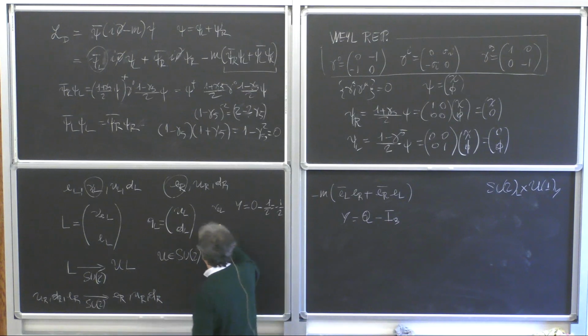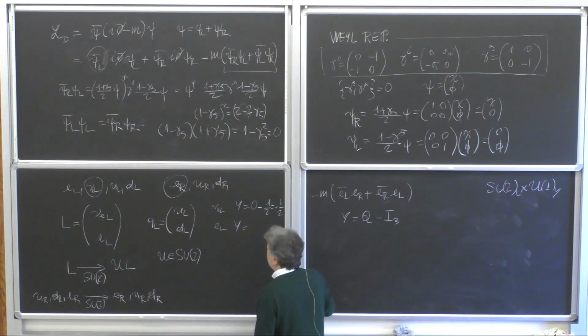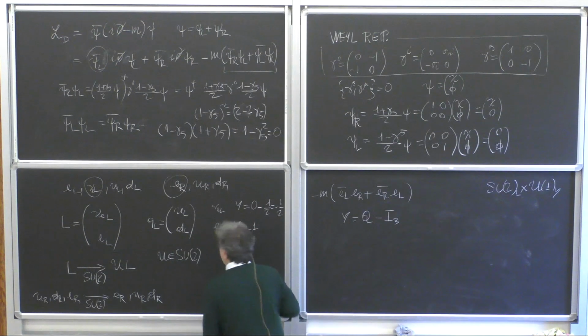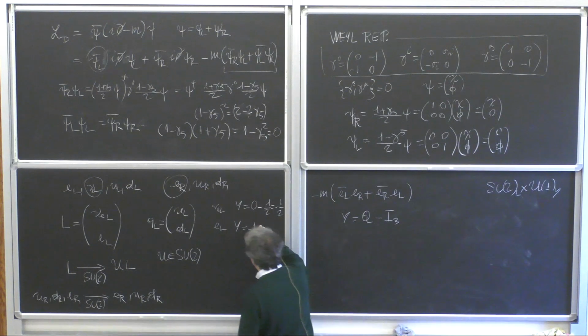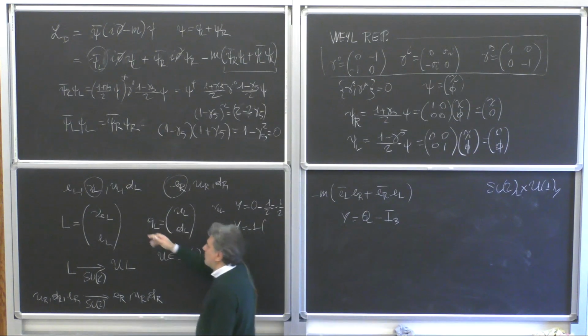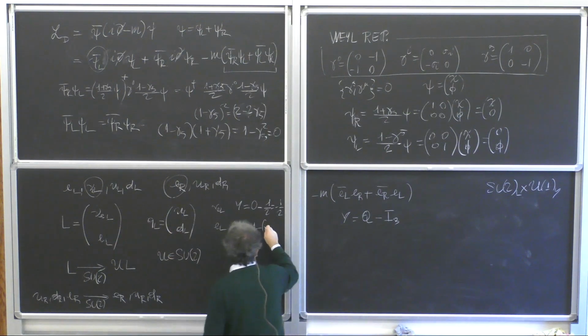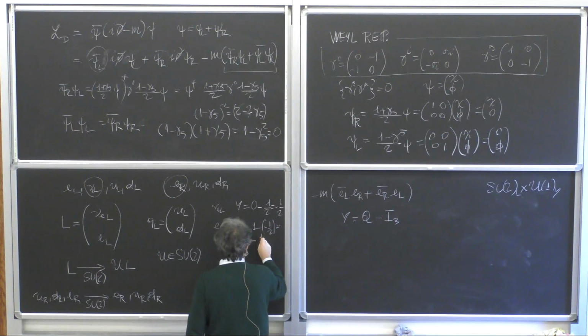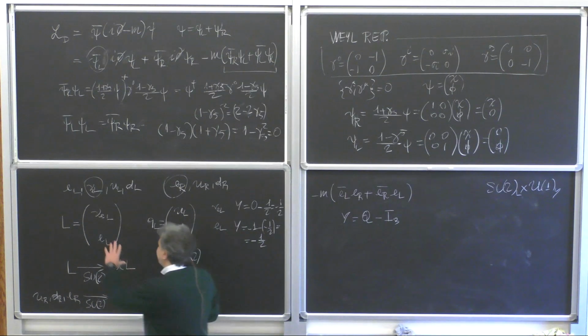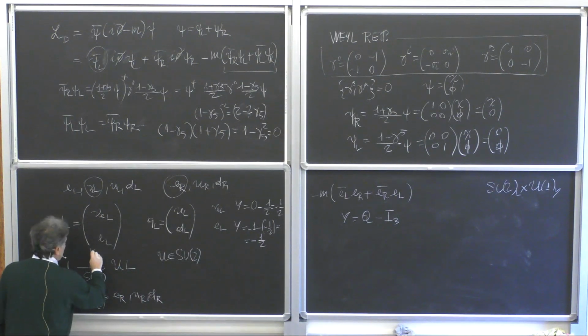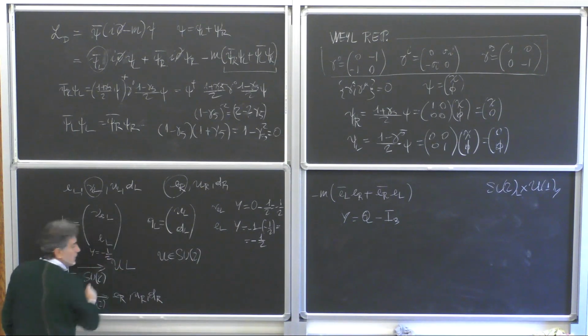For the electron, we have the hypercharge equal to the charge, now this is minus 1, minus 1/2. So this is again minus 1/2. So in this doublet, the hypercharge is equal to minus 1/2.